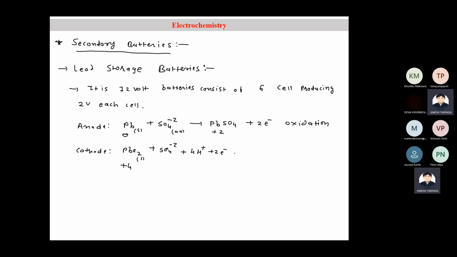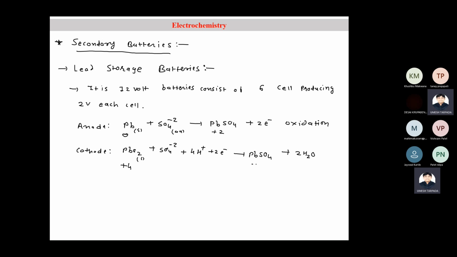So you get PbSO4 as the product. Charge is also balanced on both sides: SO4 minus 2 and 2 electrons make minus 4 charge, so H plus 4 is there. So charge also gets balanced and the product is formed as PbSO4.